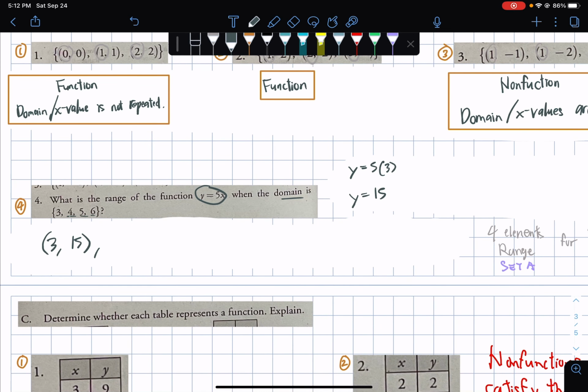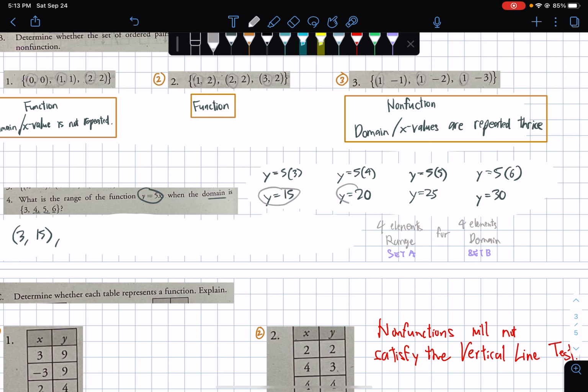So y is equal to 5 times 4, which is 20. Y is equal to 5 times, say x is 5, y is equal to 25. And let's say x is 6, y is equal to 30.